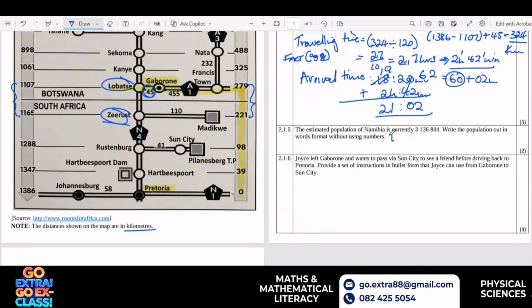Okay, this will be 3 million, and then it says 100, and there is 36, and then this would be 1,000.